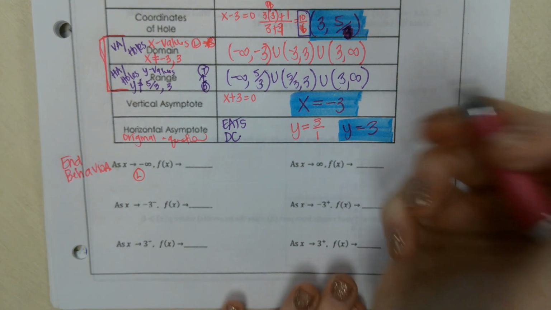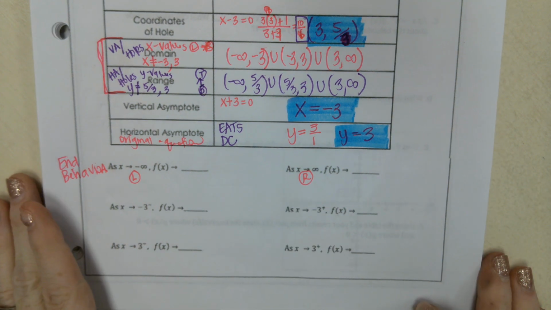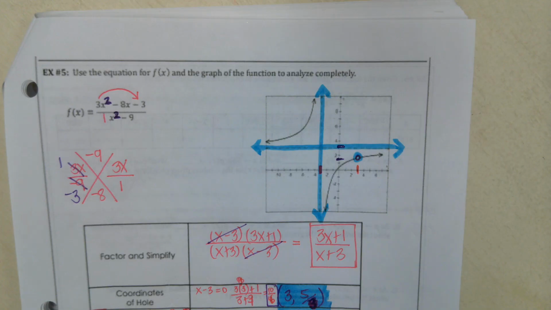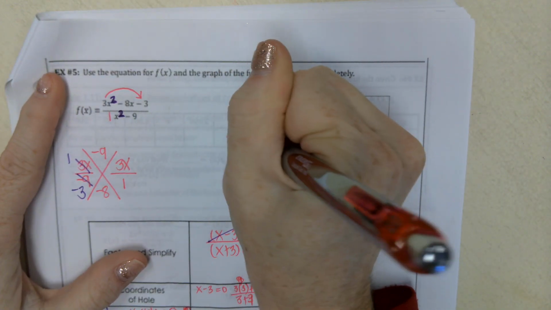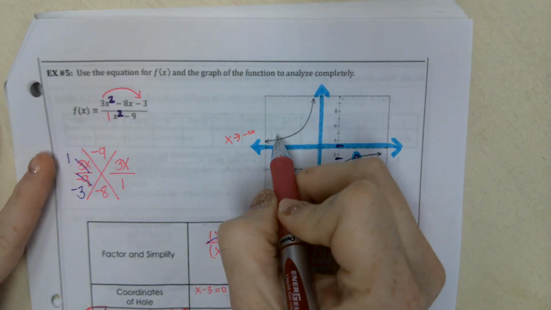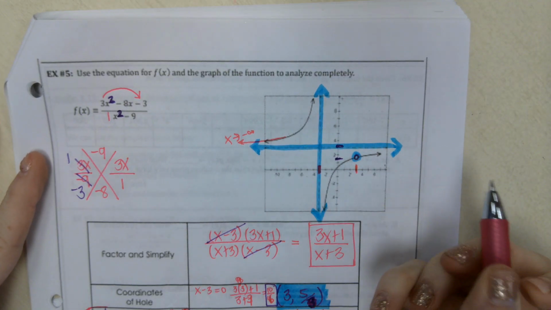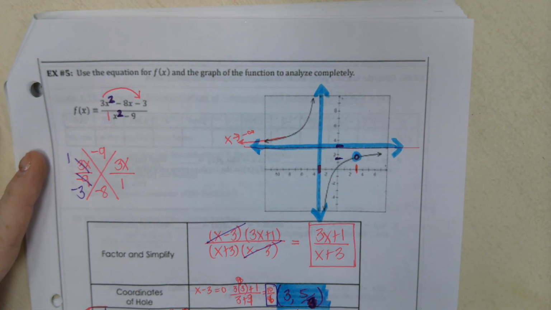Okay? As x approaches positive infinity, that's the right side of my graph. So I'm going to look up here at my graph. As x approaches negative infinity, that's over here. Where are my y values? What are they getting closer and closer to? The horizontal asymptote, which is what number? 3.